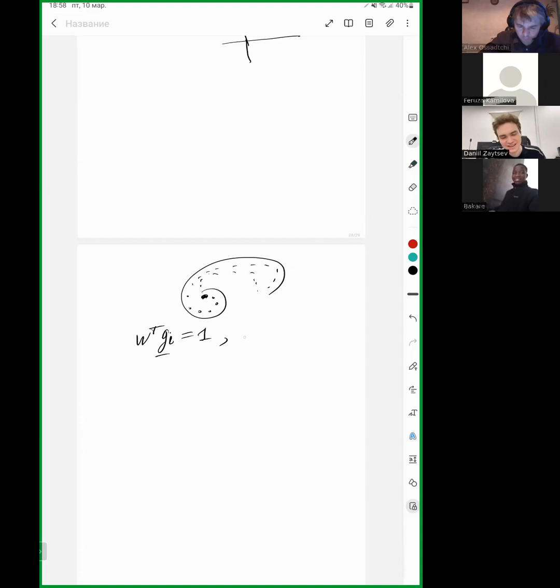And for this beamformer, you want to minimize the power W I transpose R W I, right? When you do this, you found this, right? What is this? It's R minus 1 G I divided by G I transpose R minus 1 G I. Agreed?